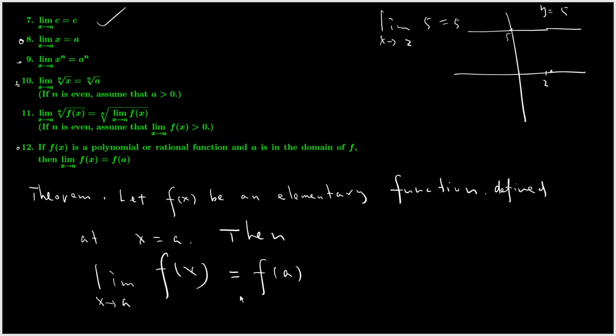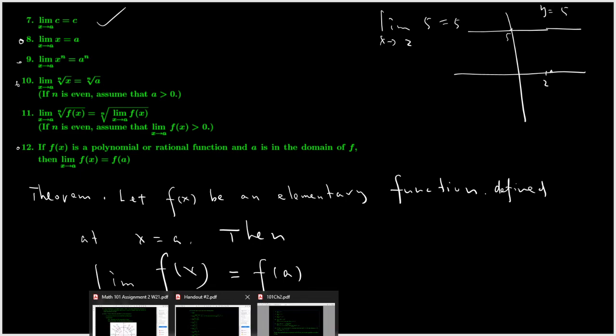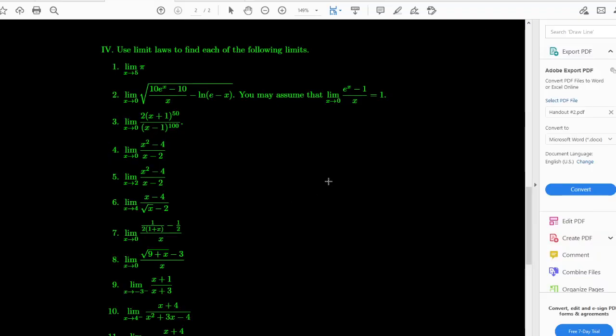The equation is true under two conditions. One condition is the function can be written using one formula, to put this simply. The other condition is the function is defined at a. And then to evaluate the limit as x approaches a, all we need is to plug a into the function, and then you can have the answer. I will show you how to use it using some particular questions.